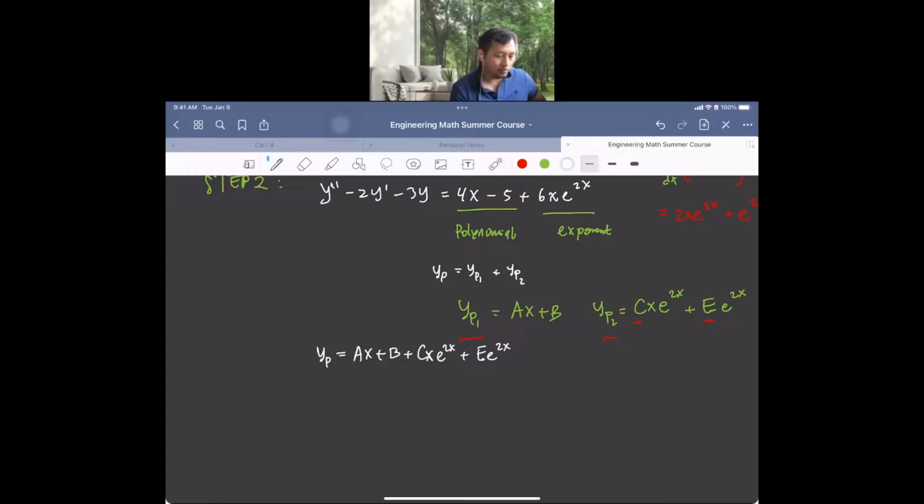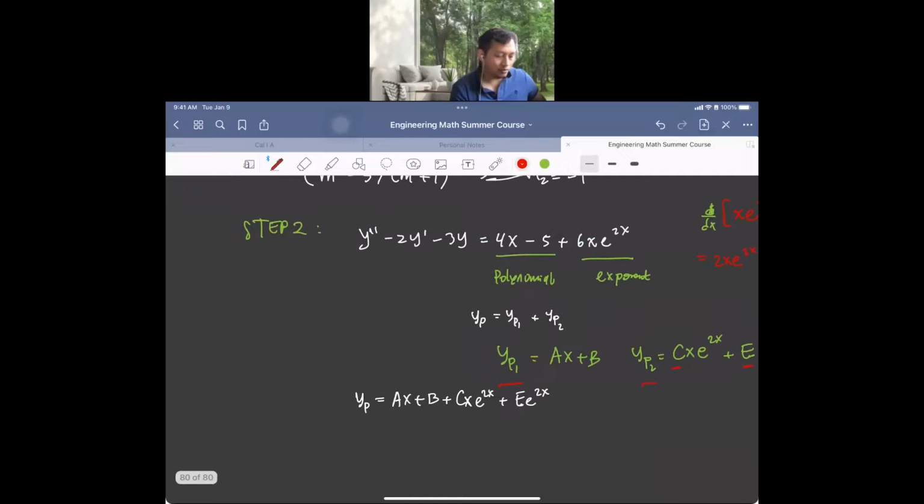Now what happens? Now we check. Every time we suggest our yp, we go back and check whether this is possible or not, equating both the left and right side.